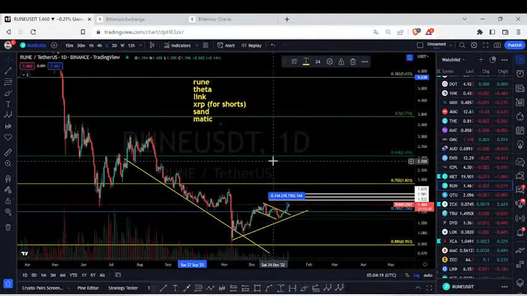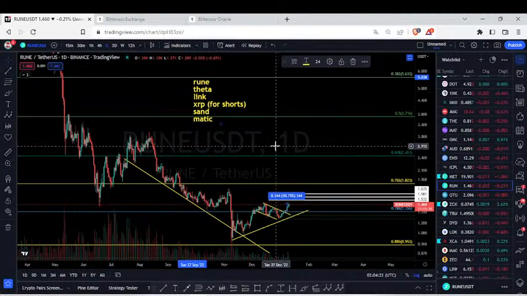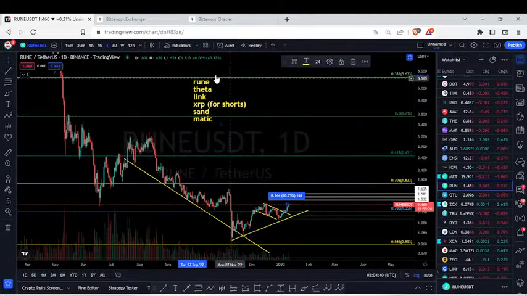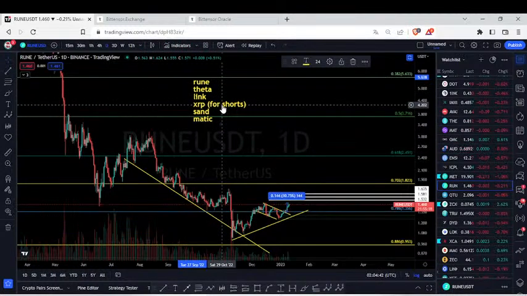This is a list of 6 coins. These coins have the most volume on futures. So if you are looking for trades on futures, focus on only these 6 coins. Leave XRP for last because it moves extremely slow.